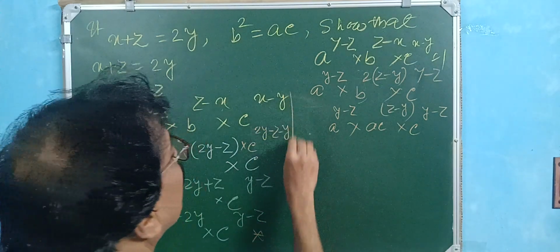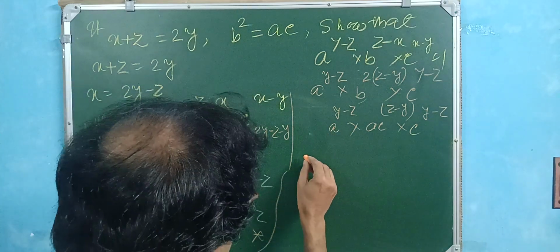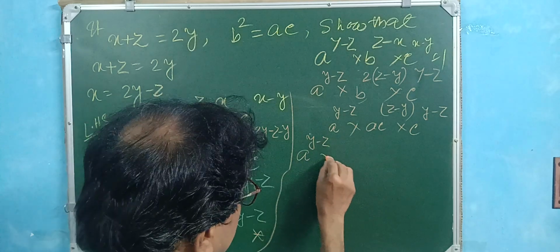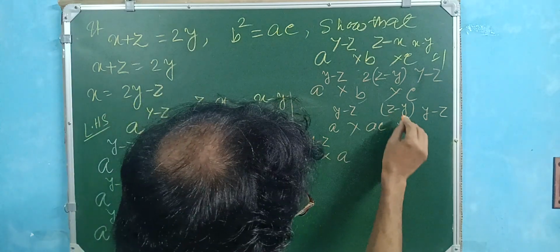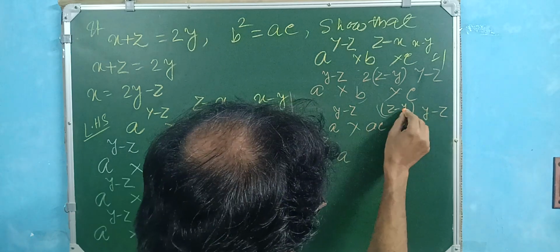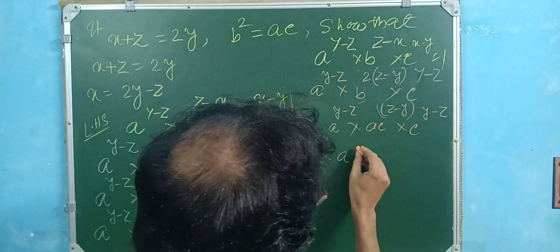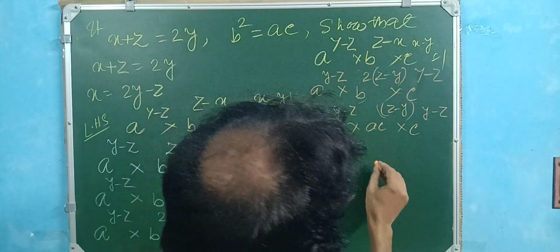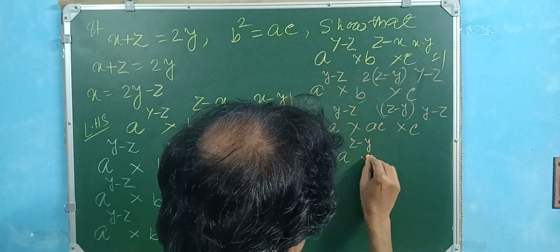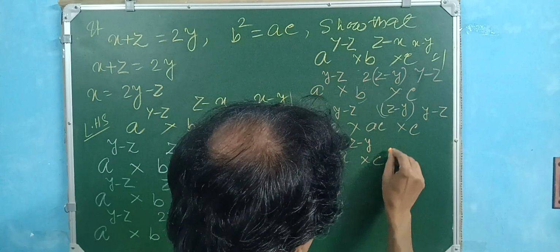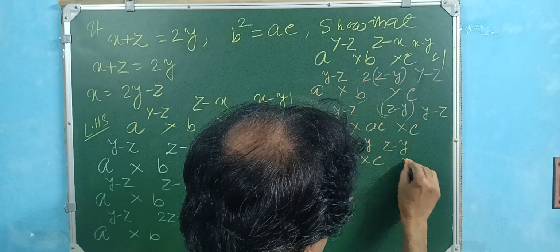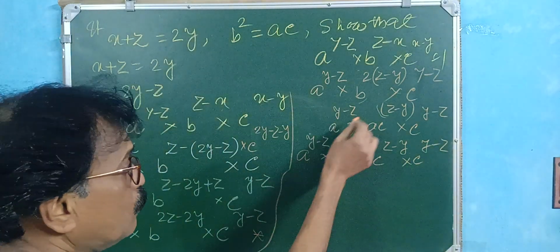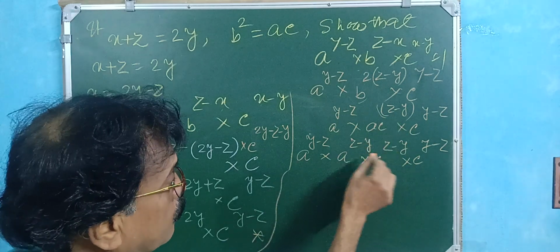Okay, now this is a to the power y minus z, just break it, a to the power this, total this, that means this to the power this to the power this, z minus y, into this is x, c to the power z minus y, and this is c to the power y minus z. Okay, no problem.